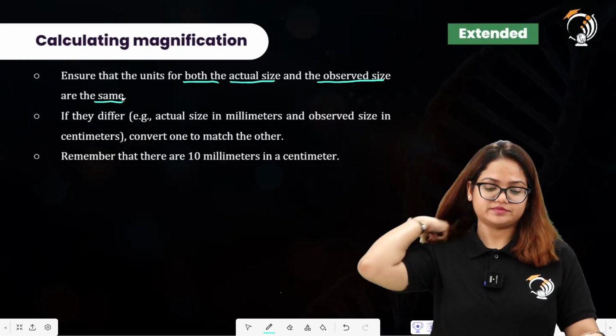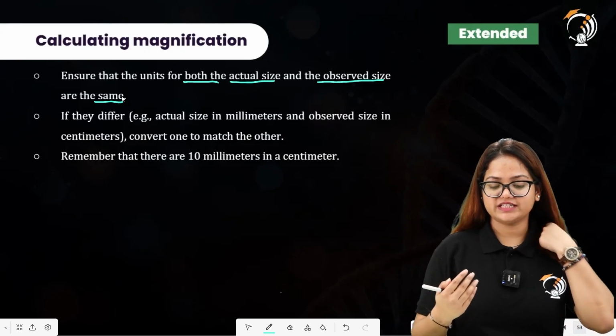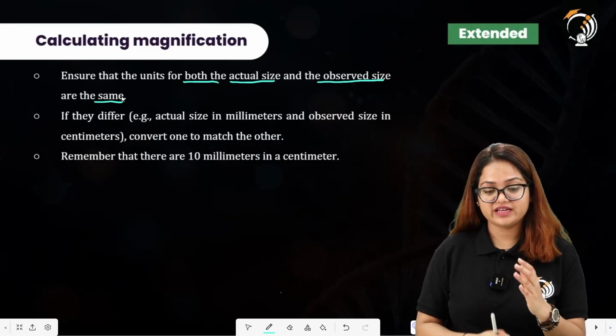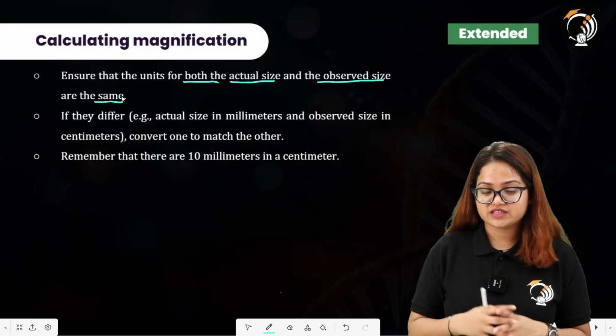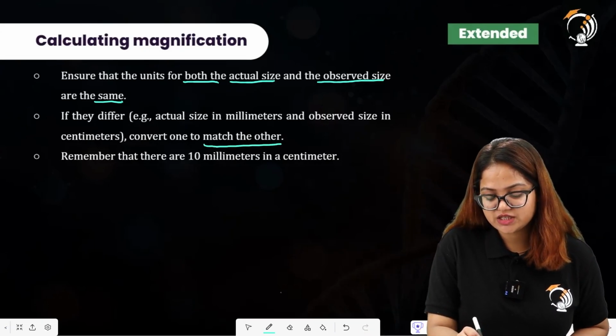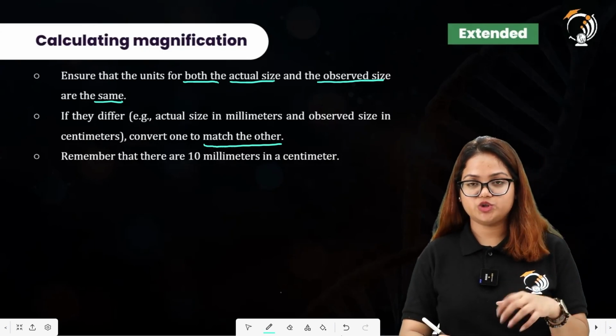If they differ, say actual size in millimeter and observed size in centimeter, then convert one to match the other.